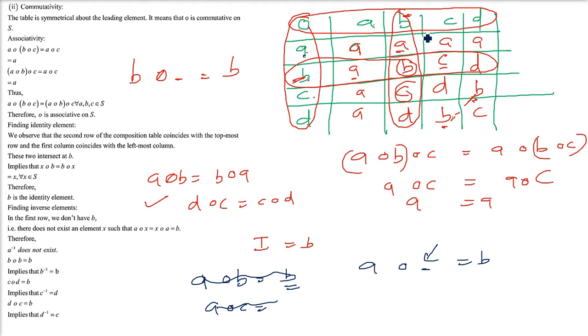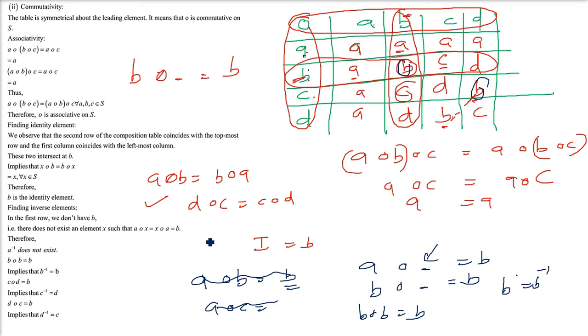When we operate A with this identity element, A should come, and we know that the identity element is B. So B operation B is B. B operation B is B. So B is the inverse of B.